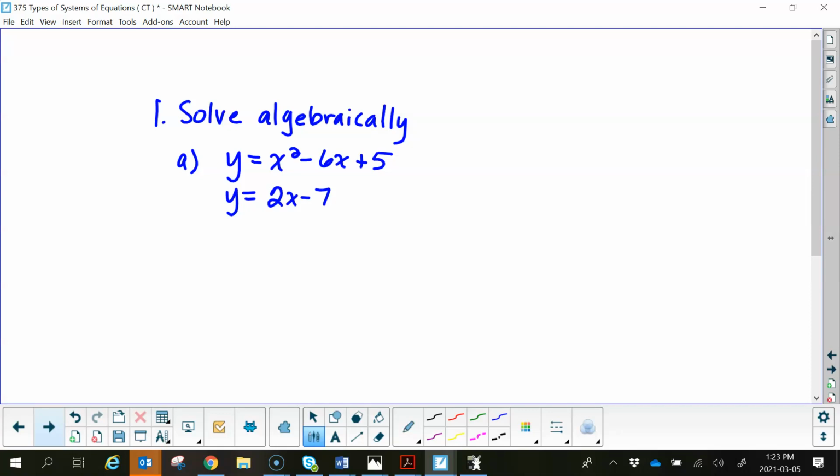Either way is fine. We're never going to ask you to do one way over another, except if you were asked graphically. Okay, and then you can solve that one by factoring.